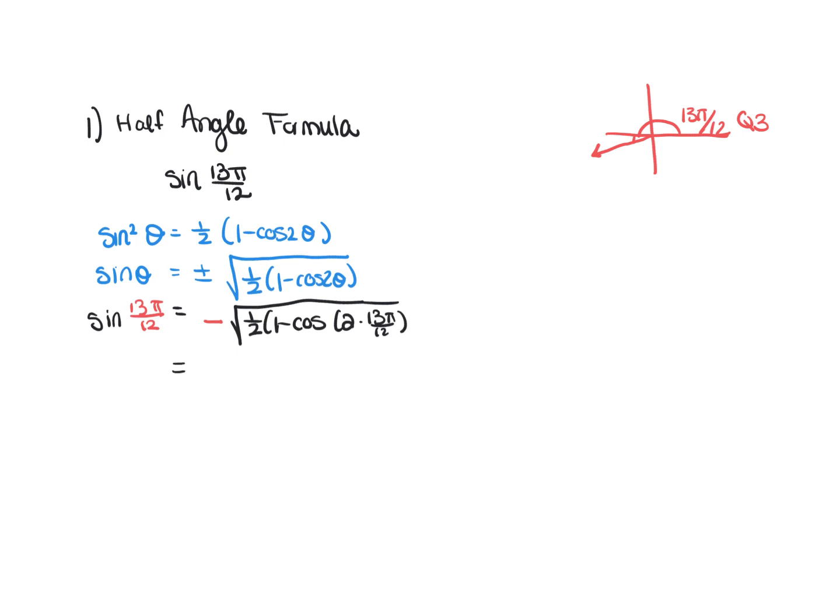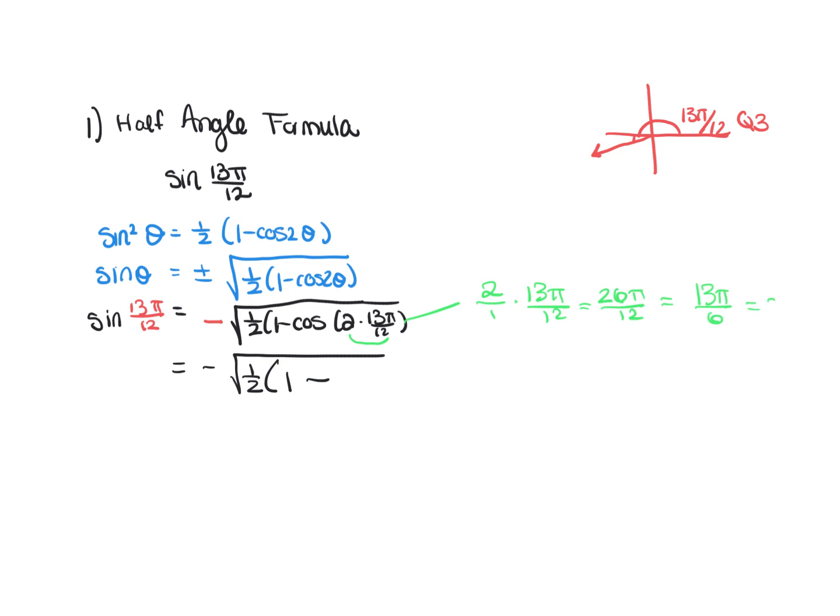So this equals negative the square root of 1/2 times 1 minus, and let's do a little bit of math right here, 2 over 1 times 13 pi over 12 equals 26 pi over 12. This reduces to 13 pi over 6. 6 goes into 13 2 times.